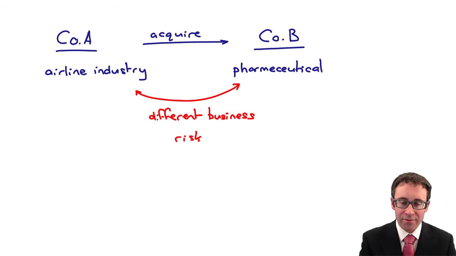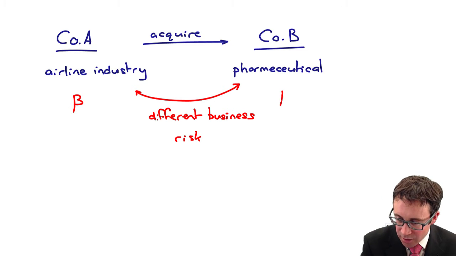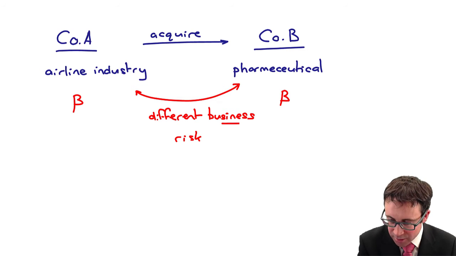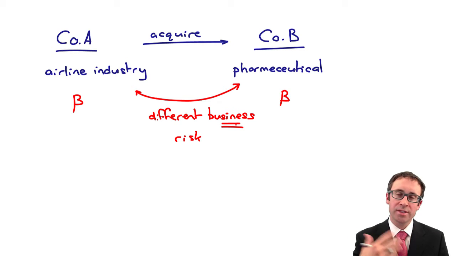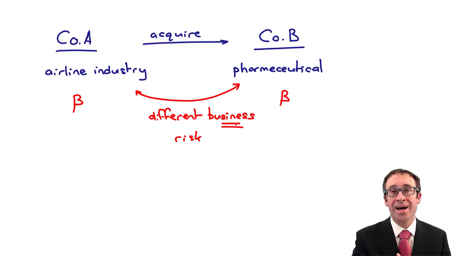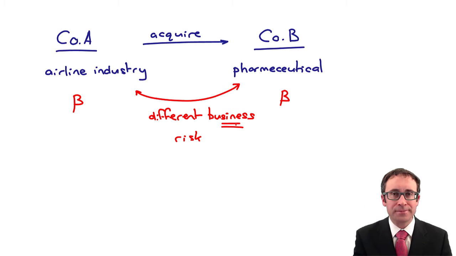So each will have its own individual beta that reflects the business risk of that business. But don't forget, we said earlier on that beta not only reflects the business risk but also the finance risk, the fact that these businesses could have debt within them and could be geared, and we've ignored that so far.